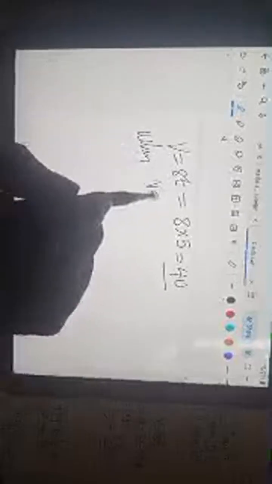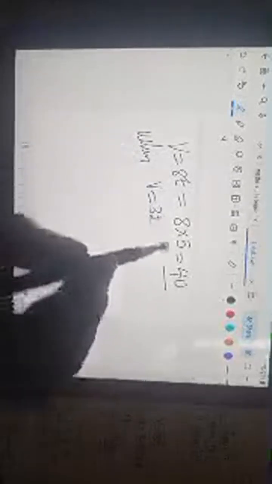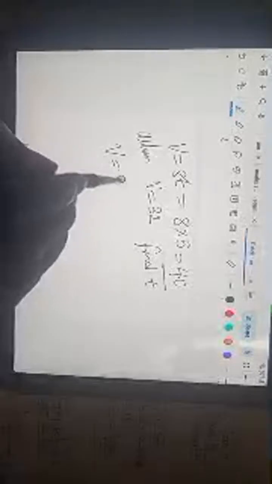So we will be able to find when T is 5. So find T when V is 32. And you know that V is equal to 8T.